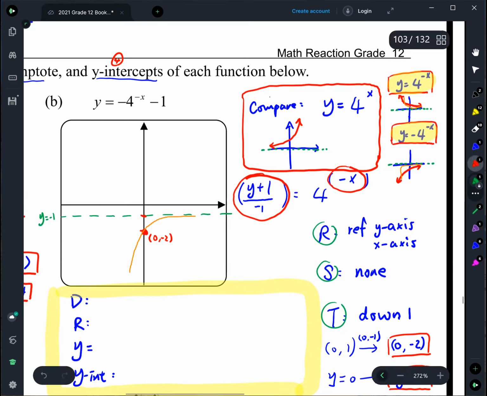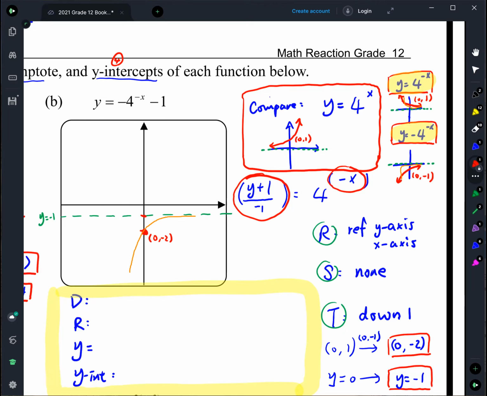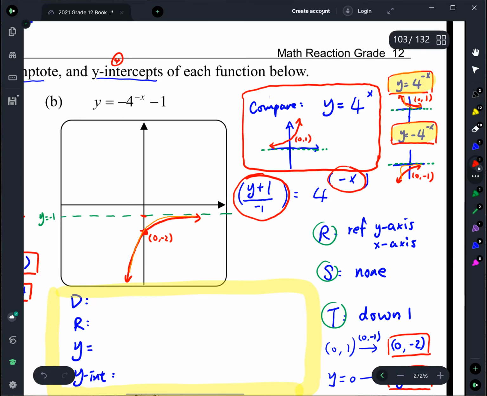Used to be at y equal to 0, it becomes y equal to -1. And the special point used to be 0, 1. After reflection, it's still 0, 1. But reflecting over the x-axis becomes 0, -1. And then you move it down, becomes 0, -2. So that's the final graph. Can you raise your hand if you understand how we get a sketch here?